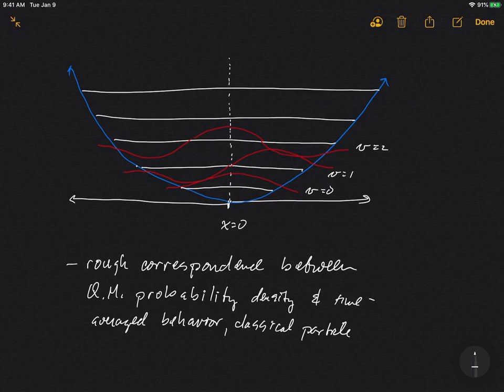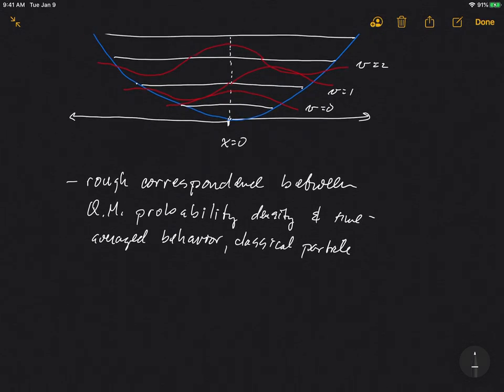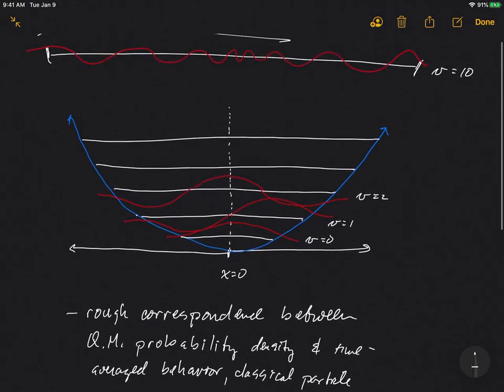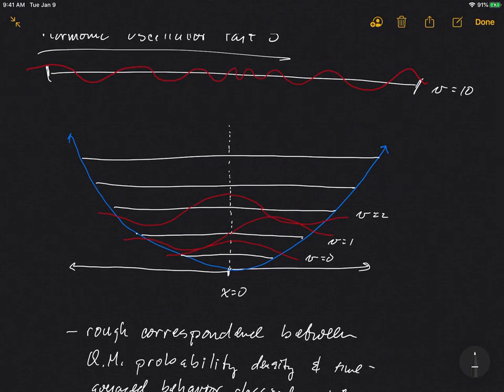And so for classical probability, you expect to see this kind of parabolic behavior where it's spending most of its time near the edges of the turning point and less time in the middle. And similarly, we expect to see less probability density in the middle and certainly more nodes.